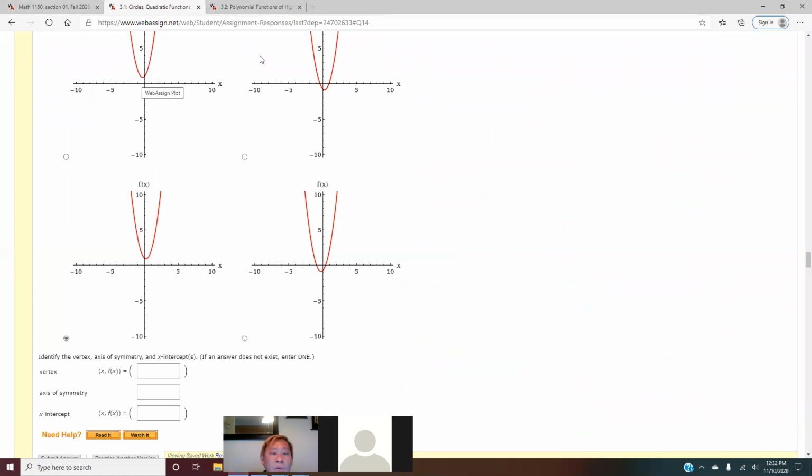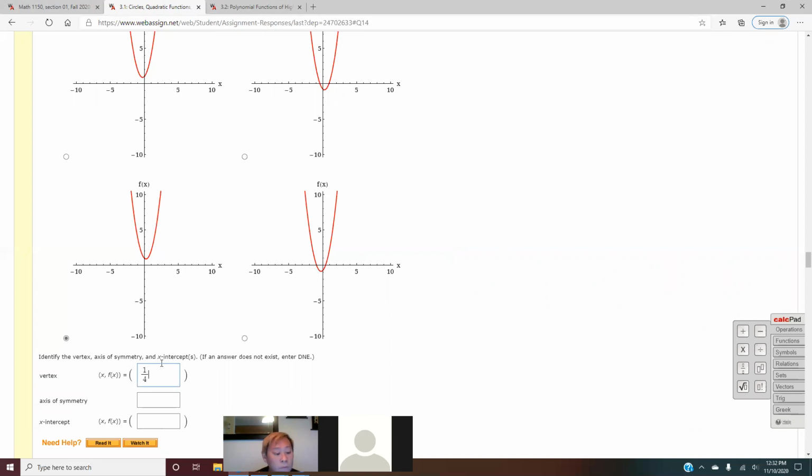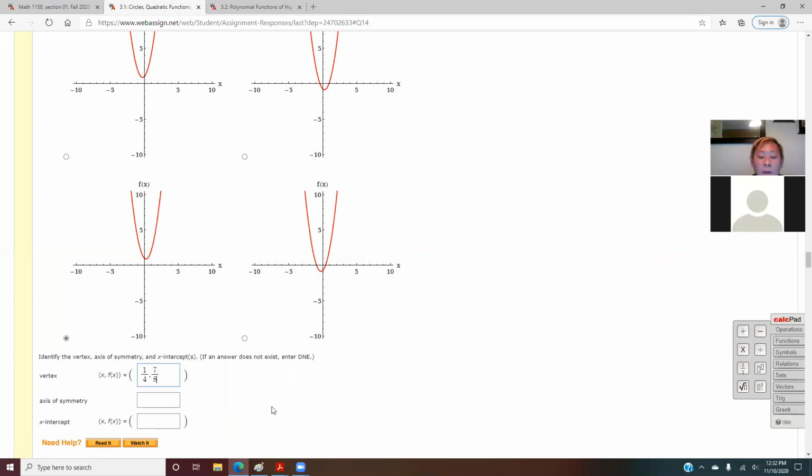This is in quadrant 2. This is in quadrant 4, and this is in quadrant 3. So this is in quadrant 1. And the vertex is 1 over 4, and then 7 over 8. Okay, so that is your vertex that we talked about early on.